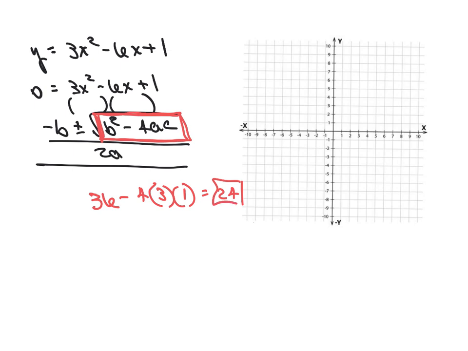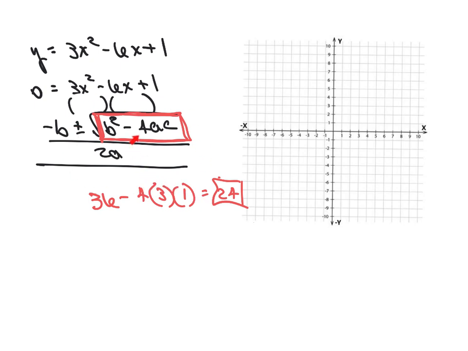So that means the number that is going to go under this radical sign here is a 24. Do I know the square root of 24? No, it's an irrational number. So therefore, the place that this parabola is going to cross x is going to be some weird decimal. So let's just skip that for right now.